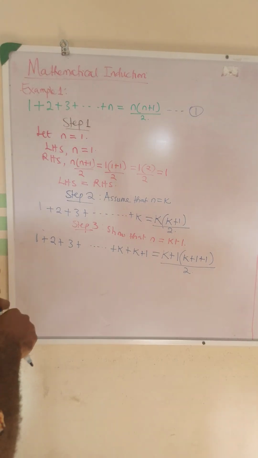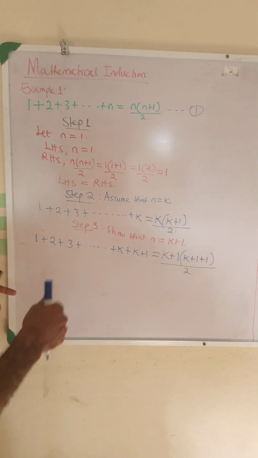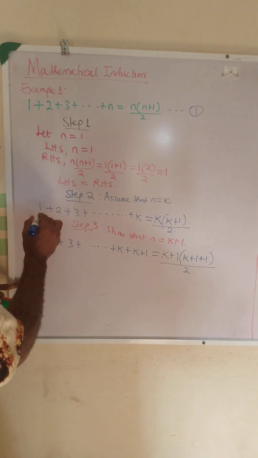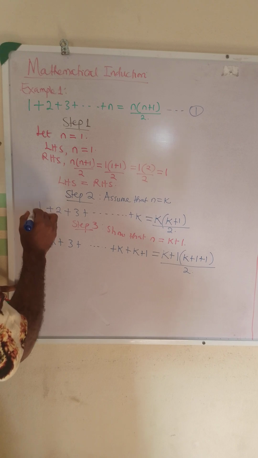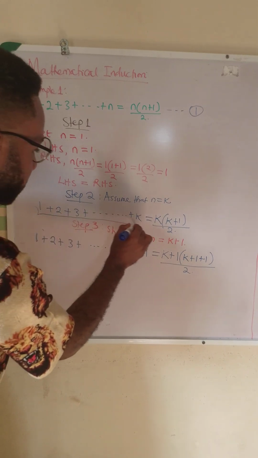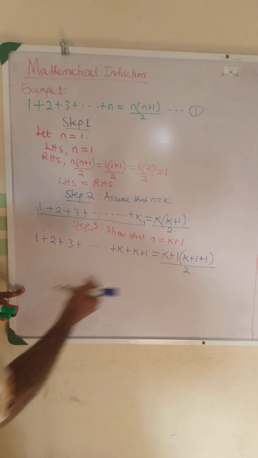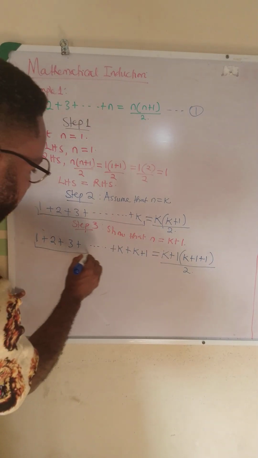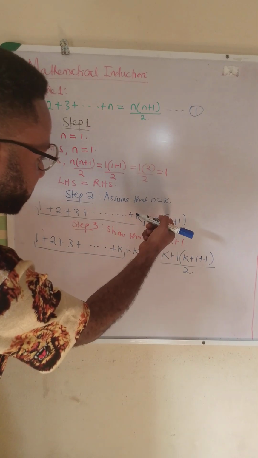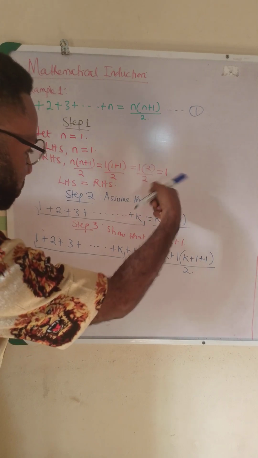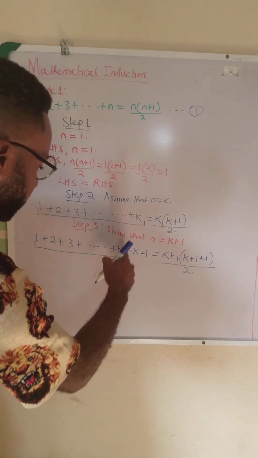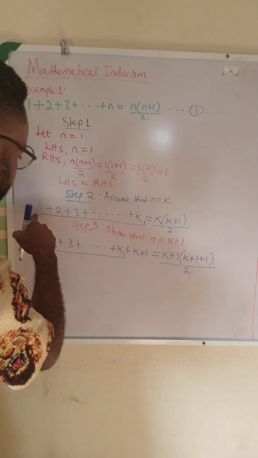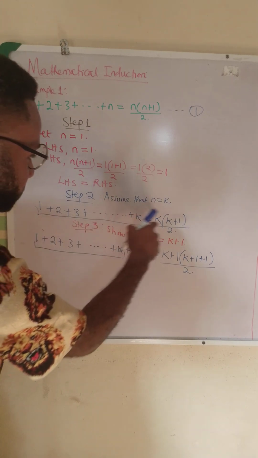So we've gotten that, but you know that from here to this point is equal to this. We are going to bring in this value here to represent from here to this point, just that we've assumed that from here to this point is equal to this.